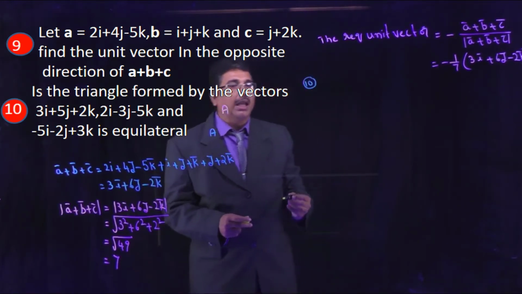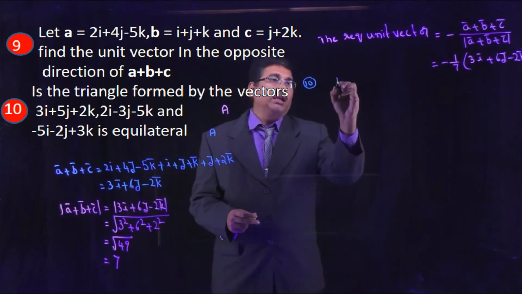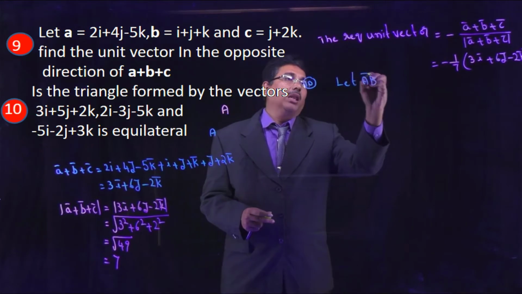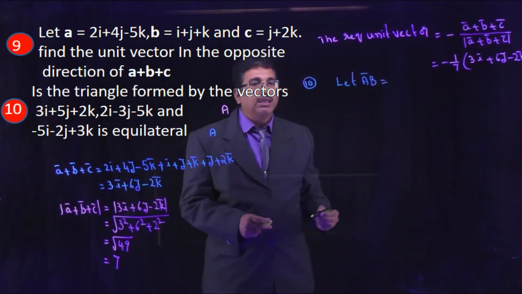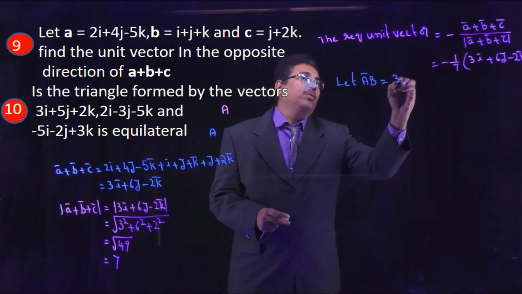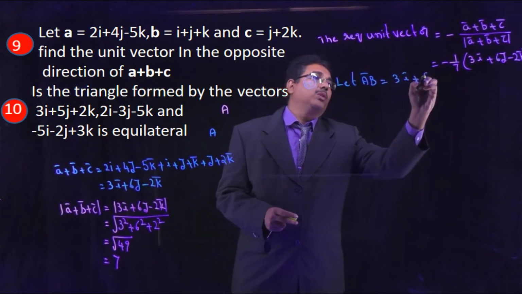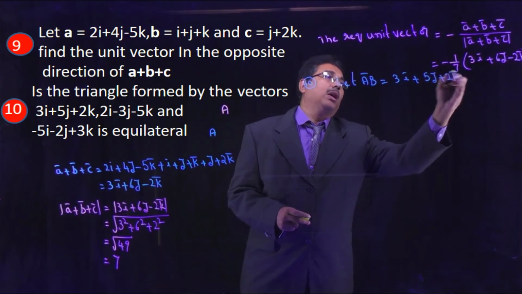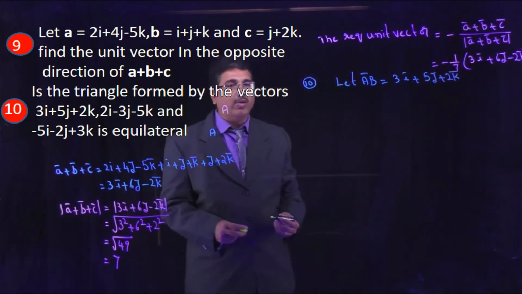Right, let AB bar be equal to 3i bar plus 5j bar plus 2k bar, that is AB bar.